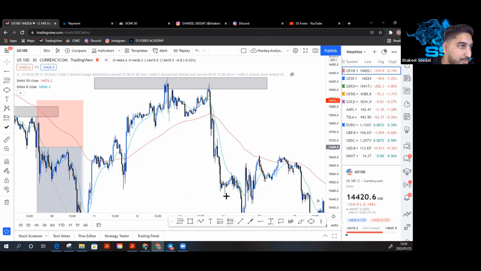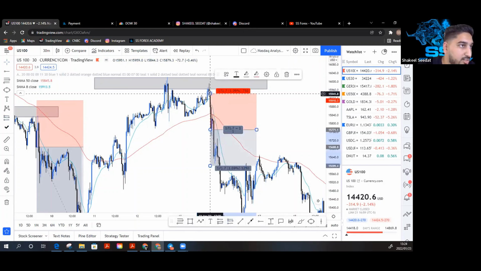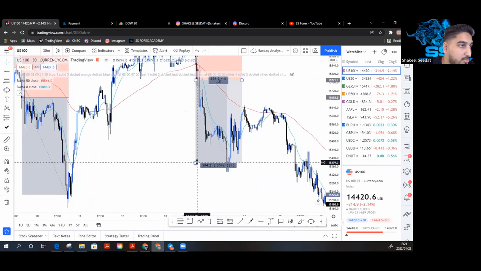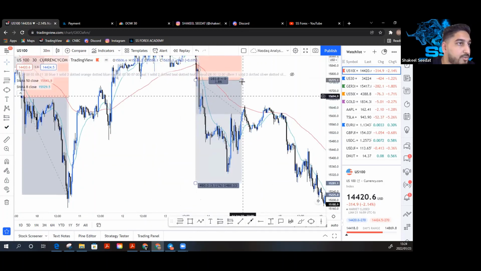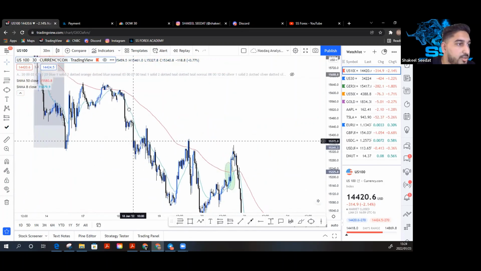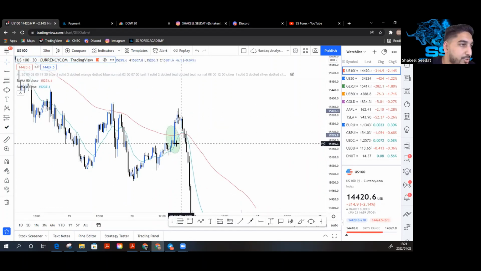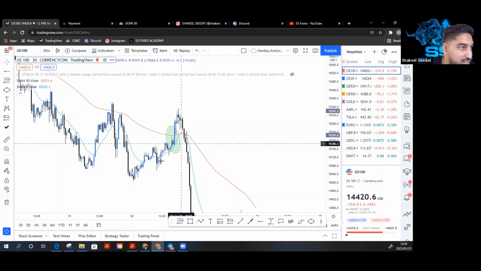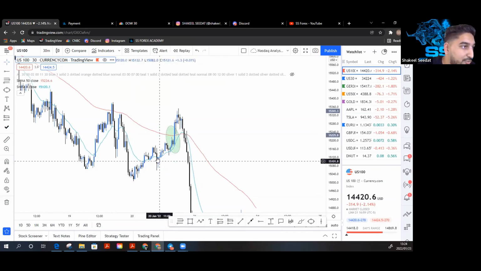So again, candlestick close below. And here invalid, because you would not have taken this buy because the candlestick closed above the 50 and the 8, but the 8 was not above the 50, indicating a buy.